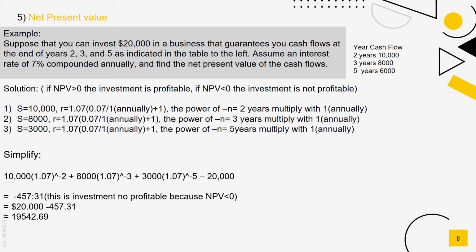If you want to invest and get a profit, you should subtract 457.31 from 20,000, and you get 19,542.69 for the investment to be profitable.